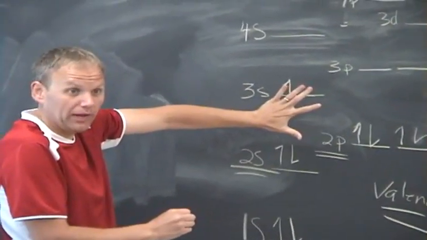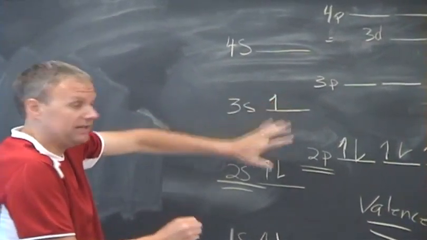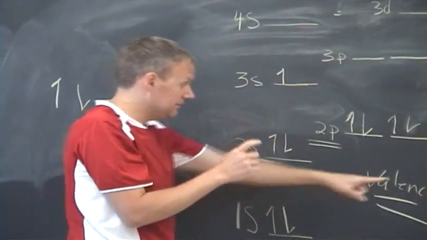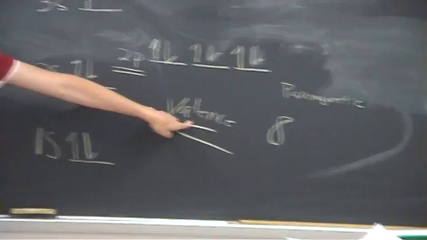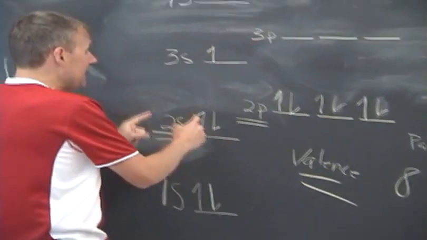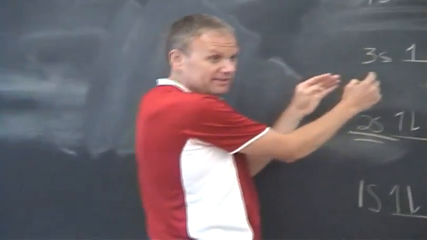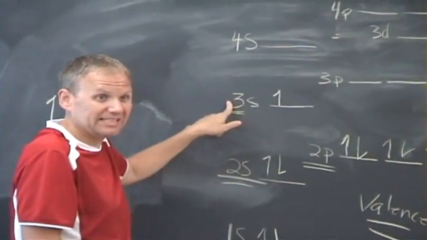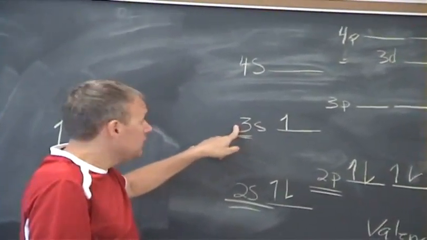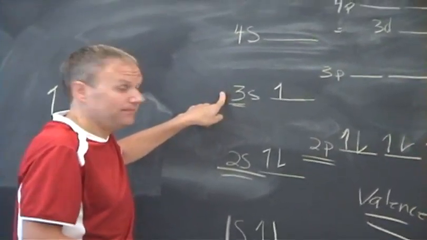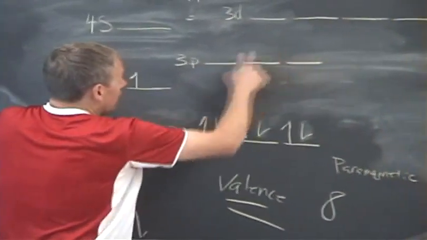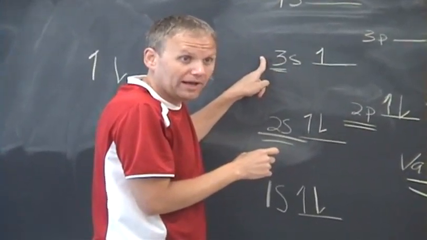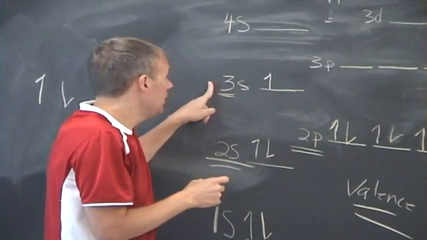It goes back to orbital diagrams and electron configurations, how they're arranged. In order to be happy, elements want to have 8 electrons in their valence shell. Right now, the highest energy level that has electrons in it is the 3rd. So this is our valence electron. This is the outermost shell. So sodium has 2 options. It can try to pick up 7 more to fill the s and p subshell. That's what they want, to fill the s and p subshell in the outermost energy level.